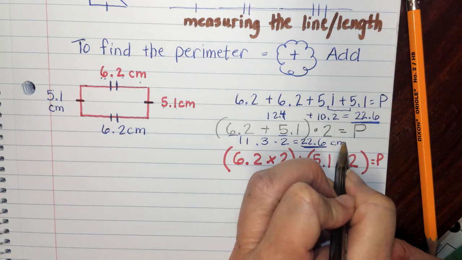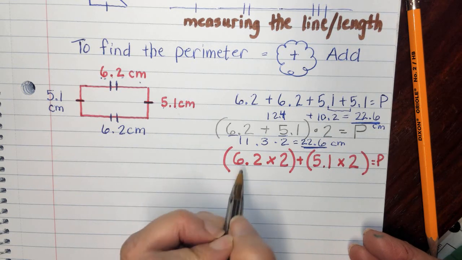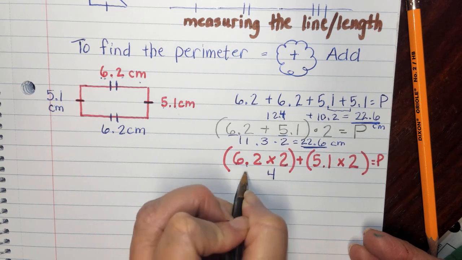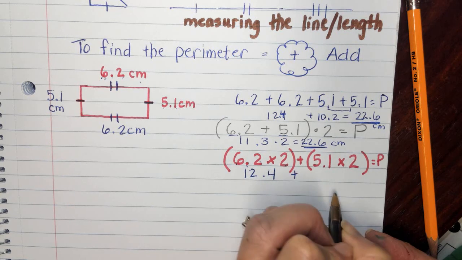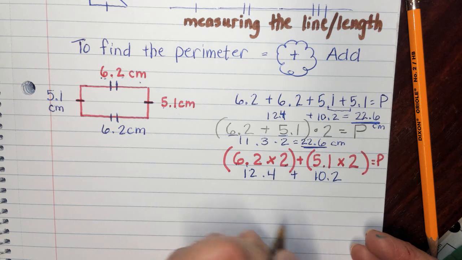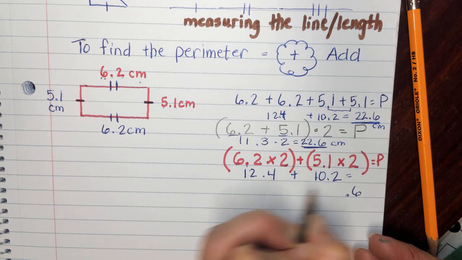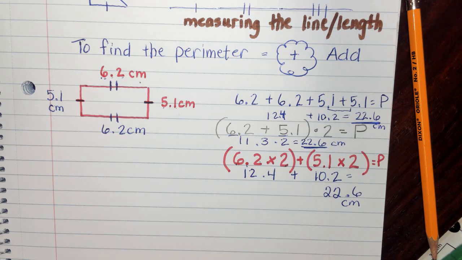And if I did 6 and 2/10 times 2, that's 2 groups of 6 and 2/10 plus 2 groups of 5 and 1/10. If I put that together, will I get the same answer? All of those should give me 22 and 6/10.